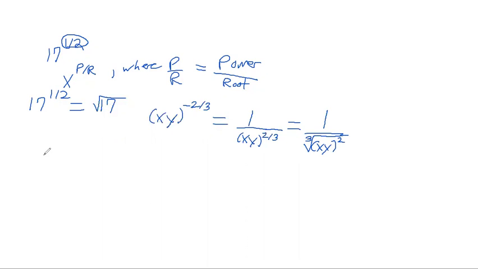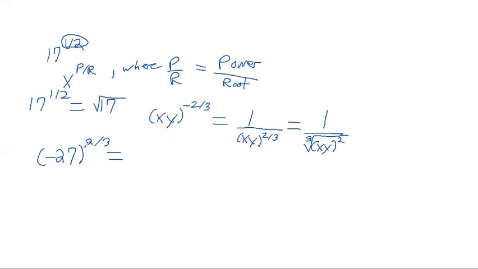Now we're going to get into, well, what happens when you have to start simplifying with rational exponents? Here's an example. Suppose I have negative 27 raised to the 2/3 power. Now again, power over root. It doesn't matter the order you do it. I could take negative 27, square it, and then take the cubed root, or take the cubed root of negative 27 and square it.